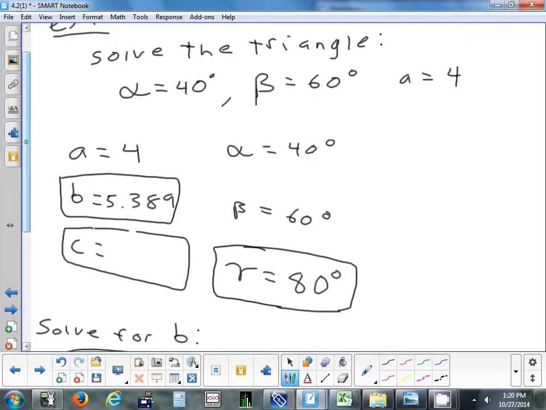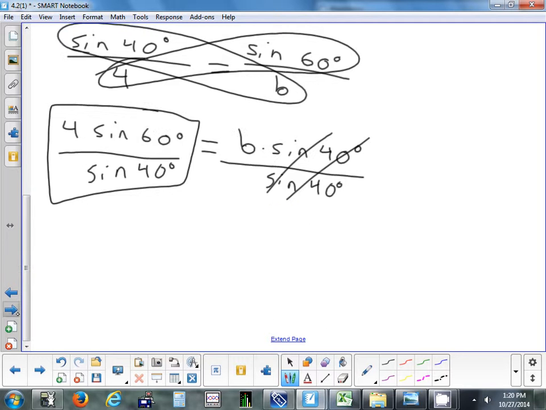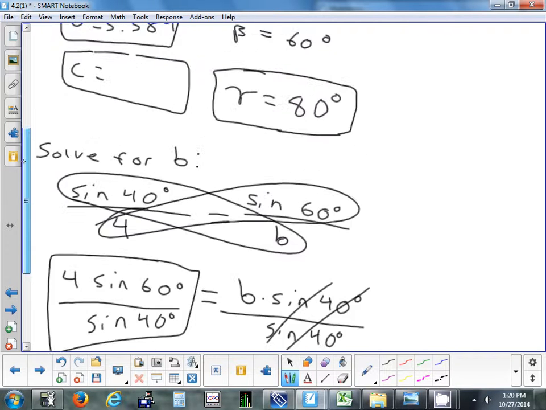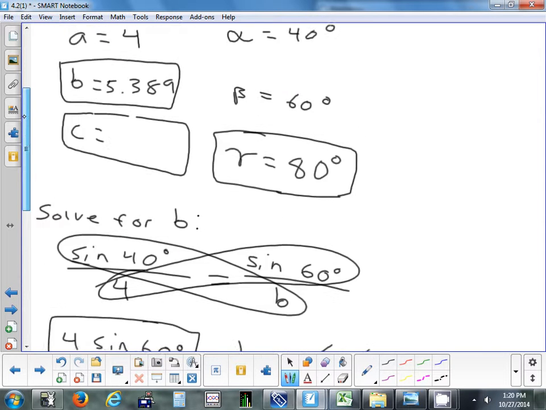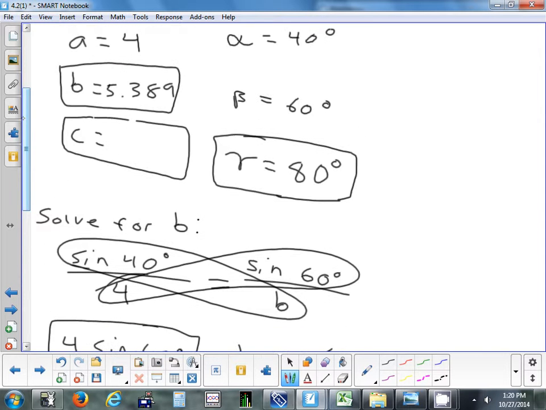Those are all exact answers. So sine of 40 over 4. It's going to start the same way. Equals. And what's going to be my fraction on the other side?